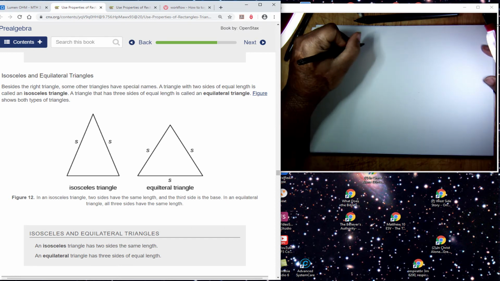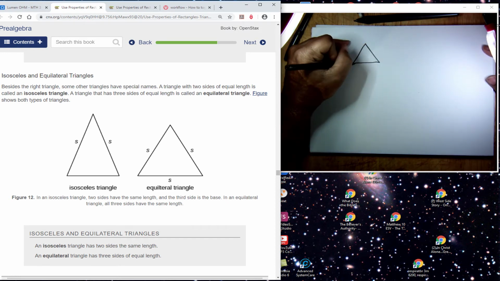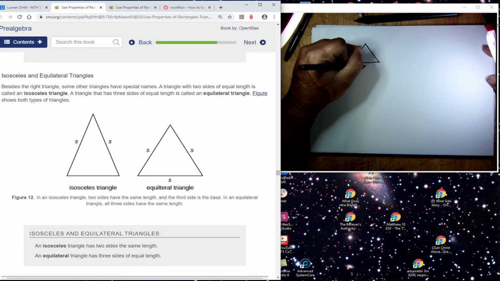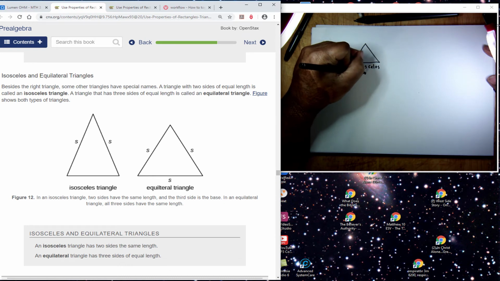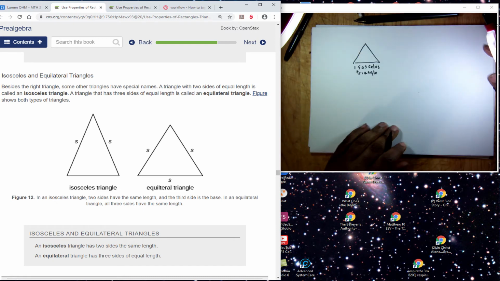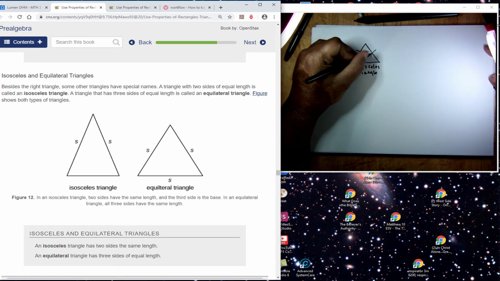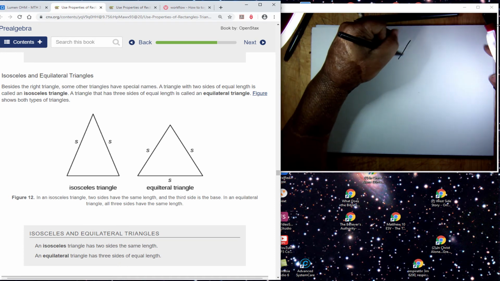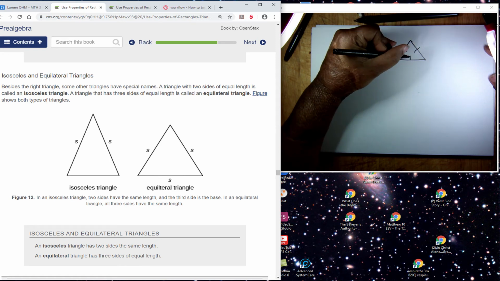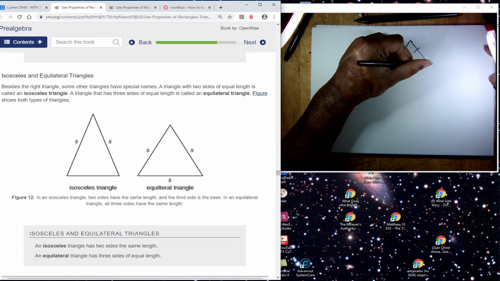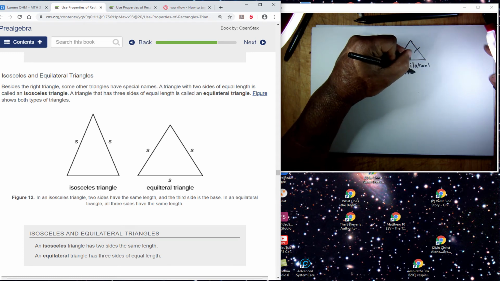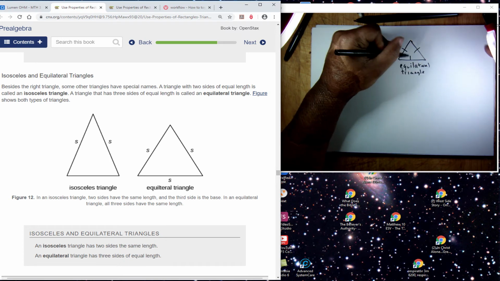An isosceles triangle is a triangle that has two equal sides. An equilateral triangle has three equal sides.